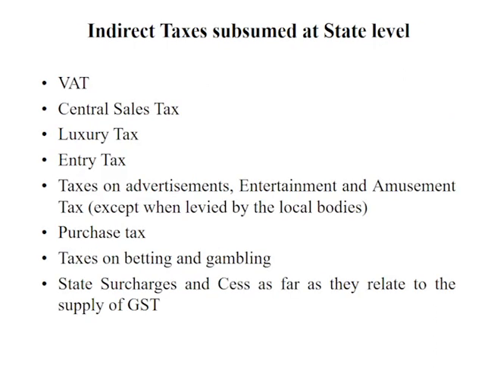Value added taxes, central sales tax, luxury tax, entry tax, taxes on advertisement, entertainment, amusement, and also taxes on betting and gambling, and state surcharges and various other cesses. These are some of the major indirect taxes that were levied by state governments before GST, but now all these taxes have been subsumed into GST.